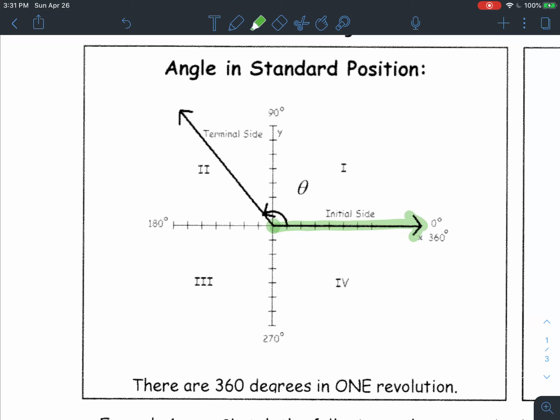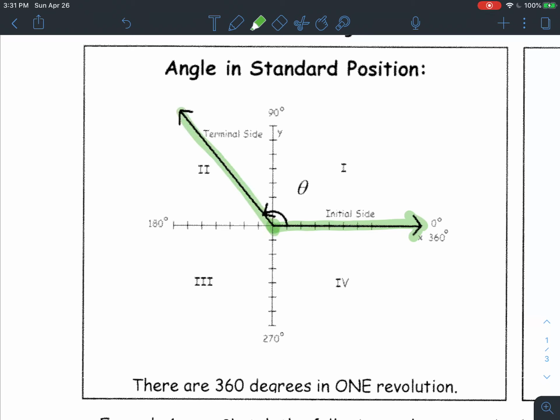So the part that I have highlighted here, that's what we call the initial side. And that's the one that's always going to be there. It's like the starting point of my angle. And then the other part of my angle is what we call the terminal side. This other side, the one that actually does the rotating, is called our terminal side.